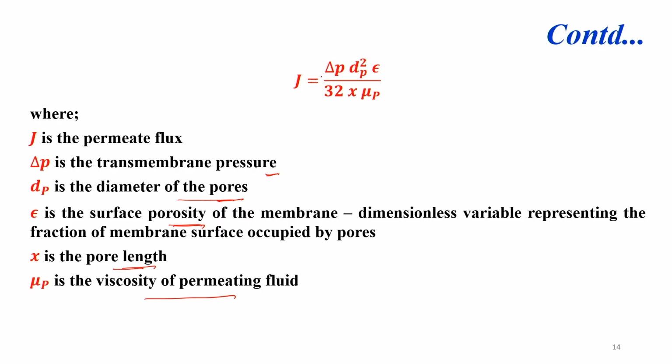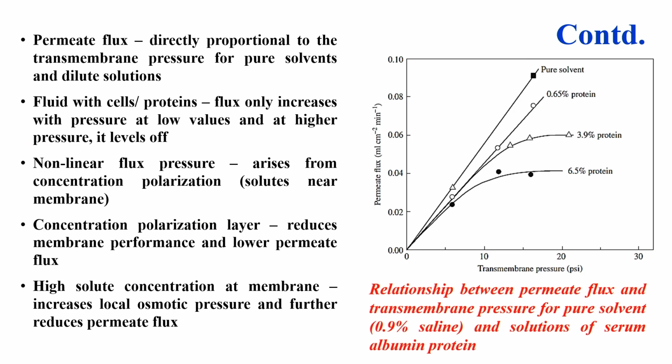According to this, the flux should be linearly related with delta P. But if you see this slide here, for the pure solvent it follows the Hazen-Poiseuille equation, but when you have certain biomacromolecules which need to be separated, let us say for example protein at 0.65%, 3.9%, 6.5%, what we are seeing is that initially it is linear and further it gets saturated.